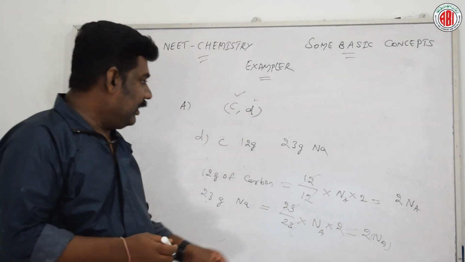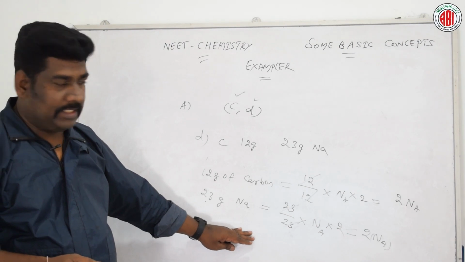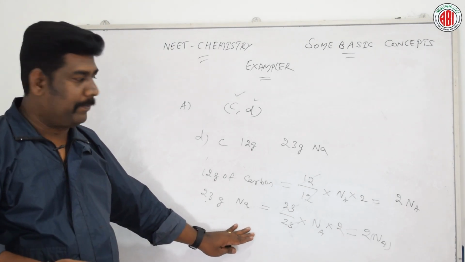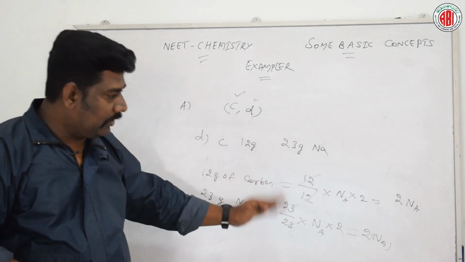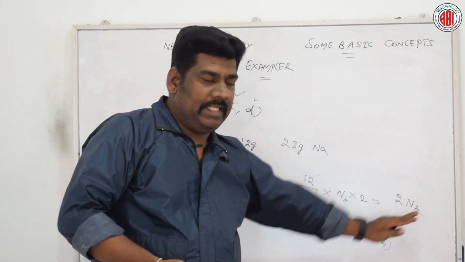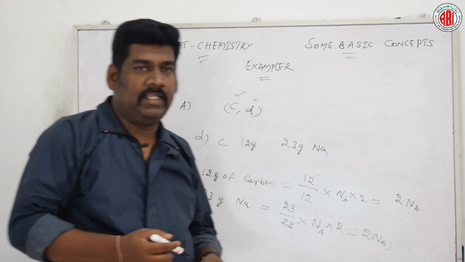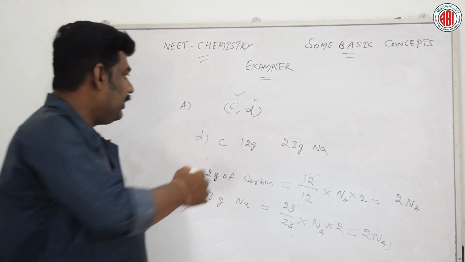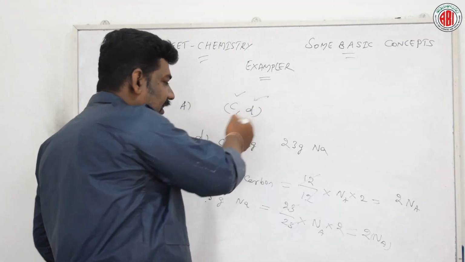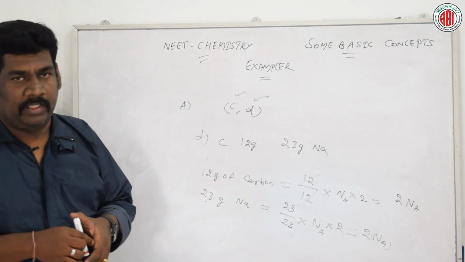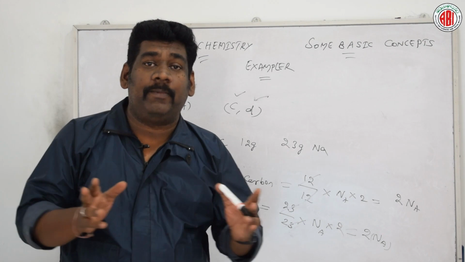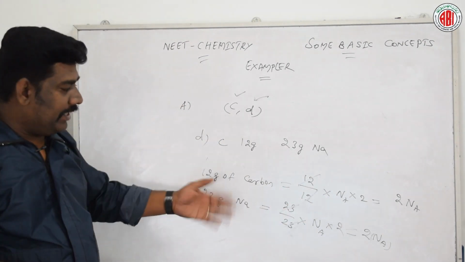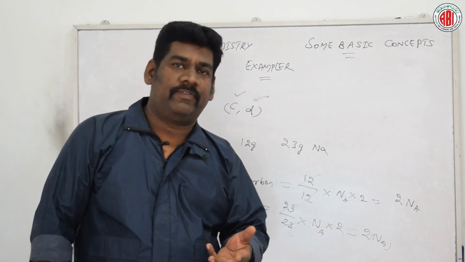So in this case also, you see the sum of number of atoms present in 12 gram of carbon, 23 gram of sodium, so both are the same, 2Na. So option C and option D both have the same value. So here the two pairs have the same number of atoms. So by this way we can solve this problem. Let us go for the next question.